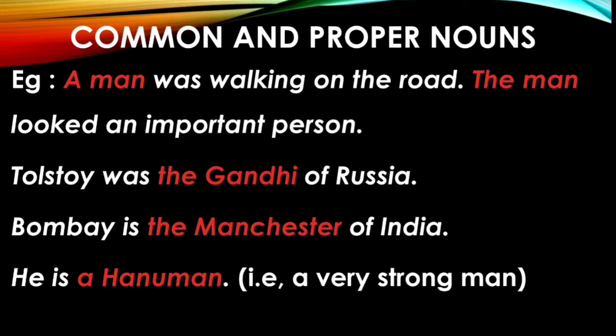We will discuss it in detail in the coming slides. Okay, just go through the sentence. A man was walking on the road. The man looked an important person. A man in the first sentence is common.